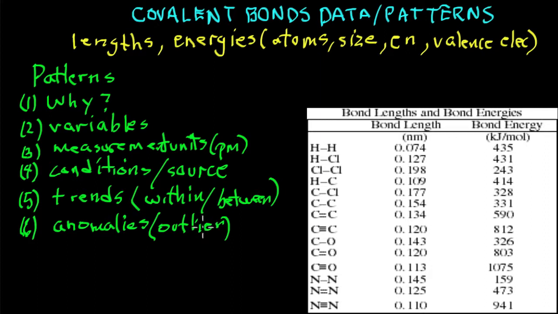Sometimes outliers are part of a deeper pattern. For instance, have you ever read the book Outliers by Malcolm, I think it's Gladwell? You see that sometimes outliers are part of deeper patterns. Sometimes they can be associated with error.